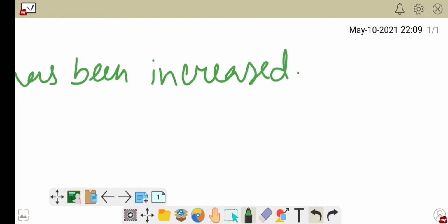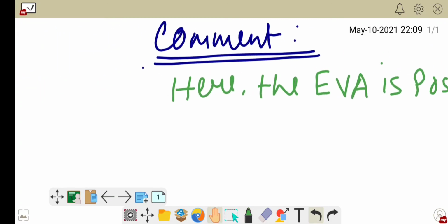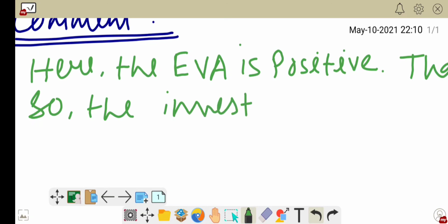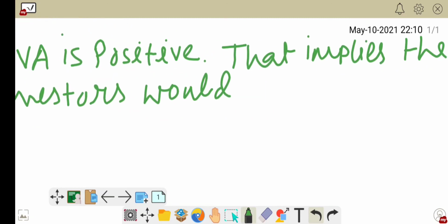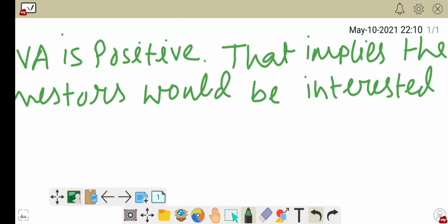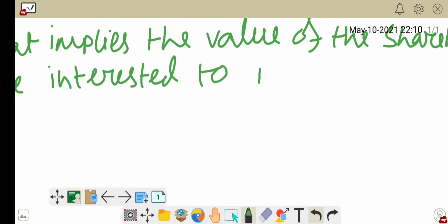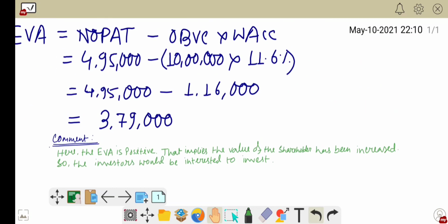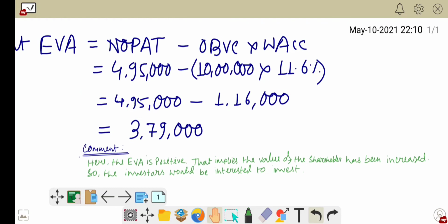So the investors would be interested to invest. That's it, guys. Just that is our comment to write down after getting the proper result to calculate EVA.